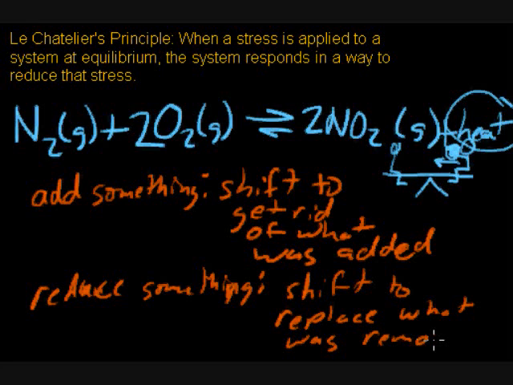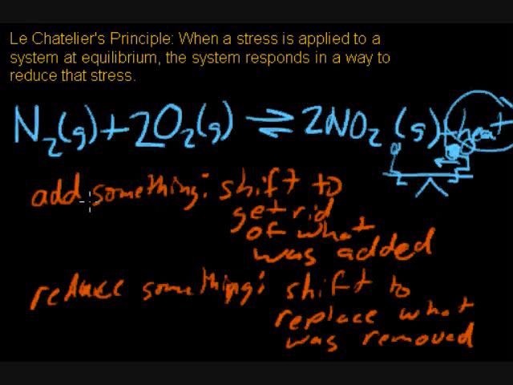So in this case, if we remove some oxygen, we take some oxygen away, we've left a void, and so the reaction will shift in order to replace that oxygen. So the products will shift to make more of that oxygen. If we remove some heat, if we lower the temperature and remove heat, the reaction will shift to the right to produce more heat to replace the heat that we removed.